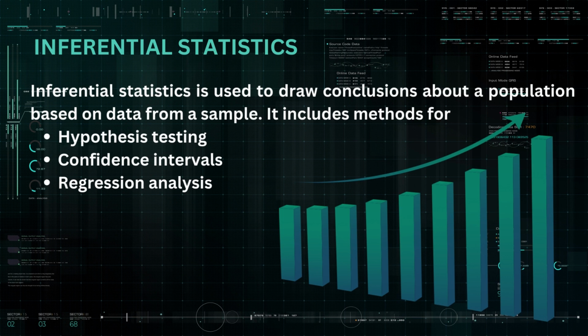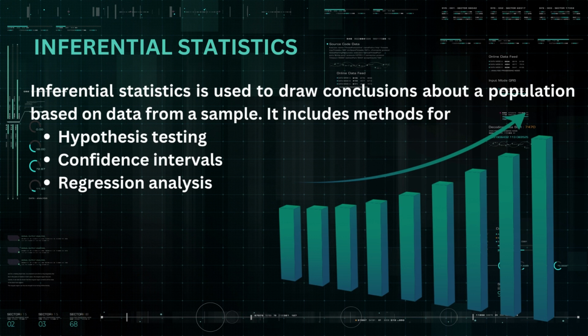Inferential statistics is used to draw conclusions about the population based on the data from a sample. When we use a test data set to test our model, there is a population, which means the whole data set. From this whole data set we select a sample, which is our test data set, and the remaining is our training data set.